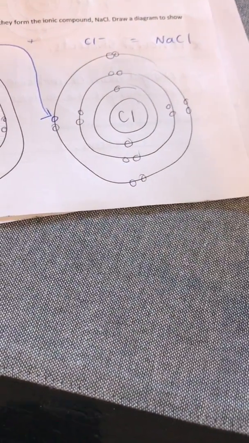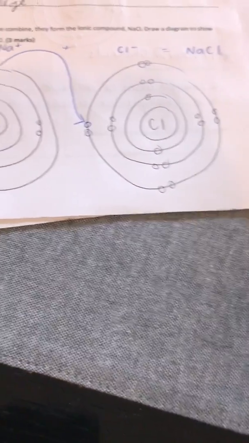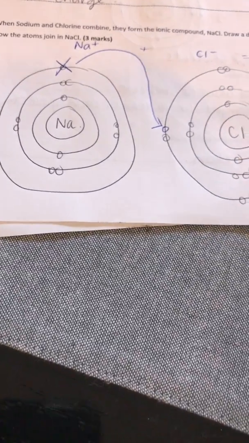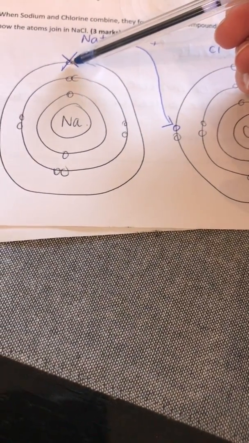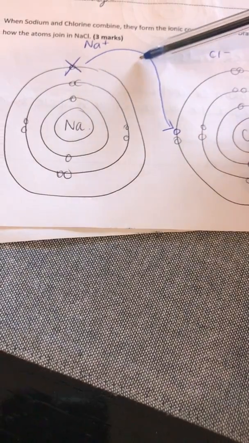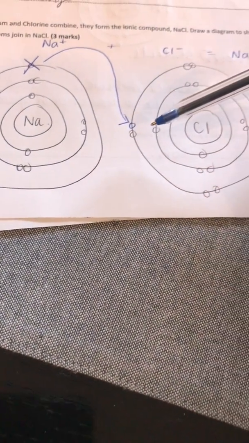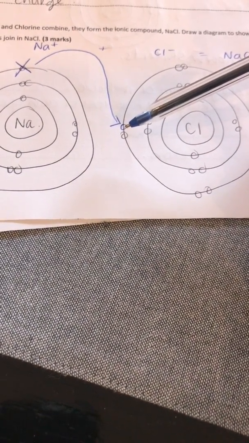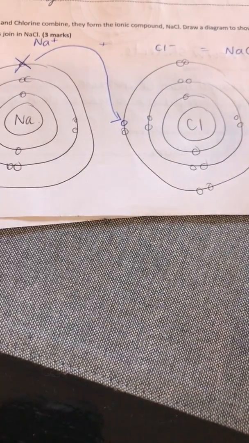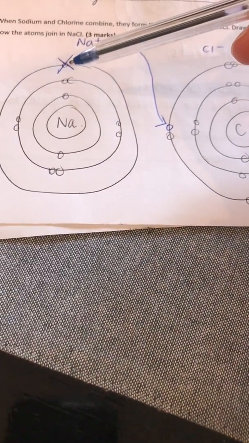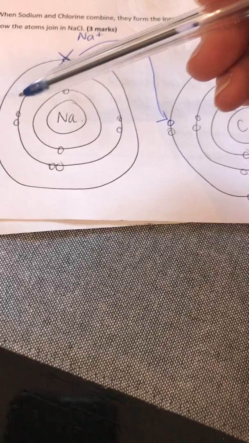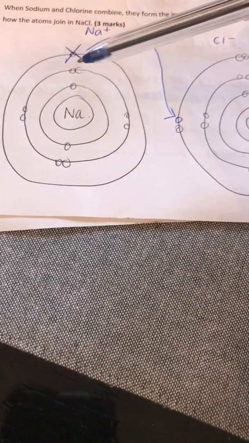And then chlorine is 2, 8, 7. Then you just had to show that this 1 valence electron was transferred over to the outer shell of the chlorine atom to give it a full outer shell of 8. And by removing that electron, you've now got a full outer shell in the second shell.